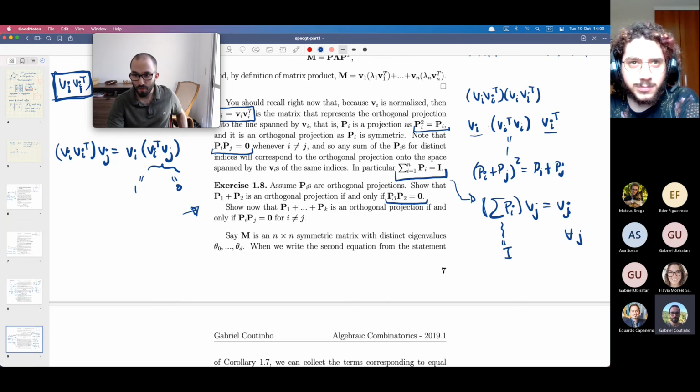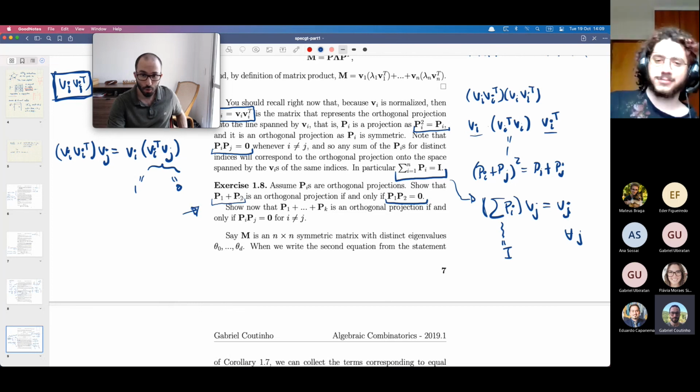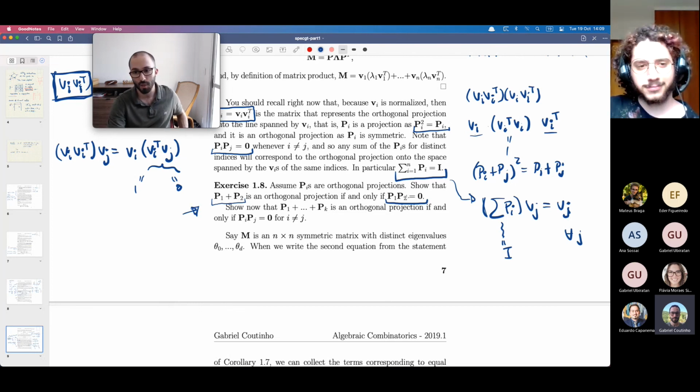So if P1 P2 is equal to 0, then it's very easy to see that if the Pi are orthogonal projections, then the sum is an orthogonal projection. The difficult thing here is to show that if the sum is an orthogonal projection, then it must be the case that P1 P2 is actually equal to 0. So the converse of the statement that I just used in this paragraph is the difficult thing in this exercise. For two matrices, it's actually not that difficult.